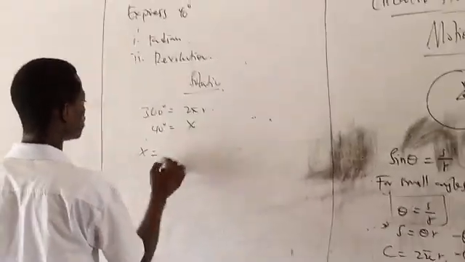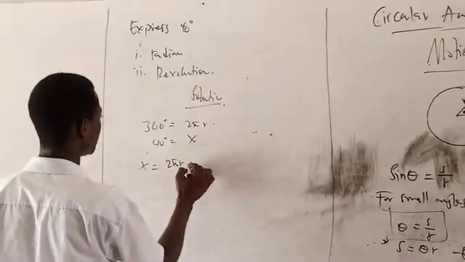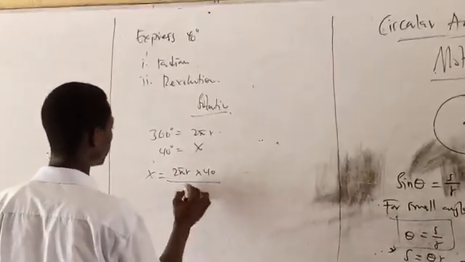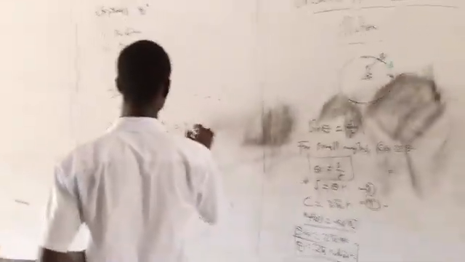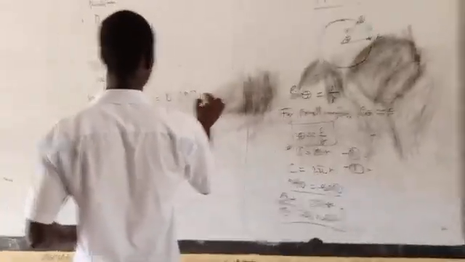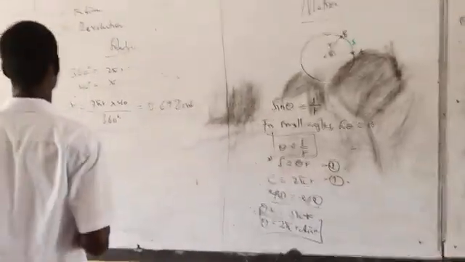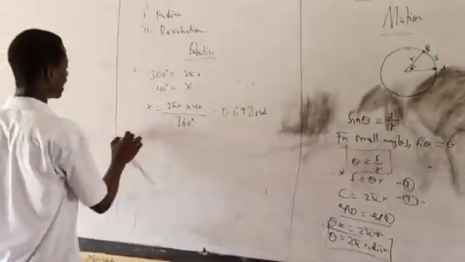So x equals 2 pi radian times 40, all divided by 360 degrees. When you punch this on your calculator and simplify, you'll get 0.698 radian. So this is for part (i), and we are done with it.